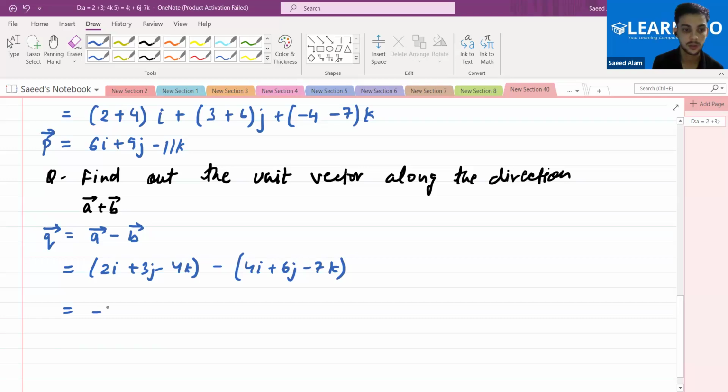Minus 2i minus 3j plus 3k. Okay, so this will be the final result for how we obtain the q vector, that is the subtraction a minus b. And if I ask you to find the q cap, you still have to do the same thing.